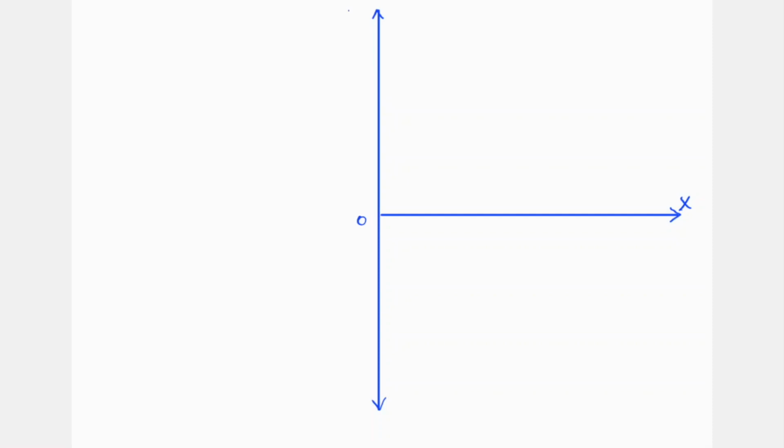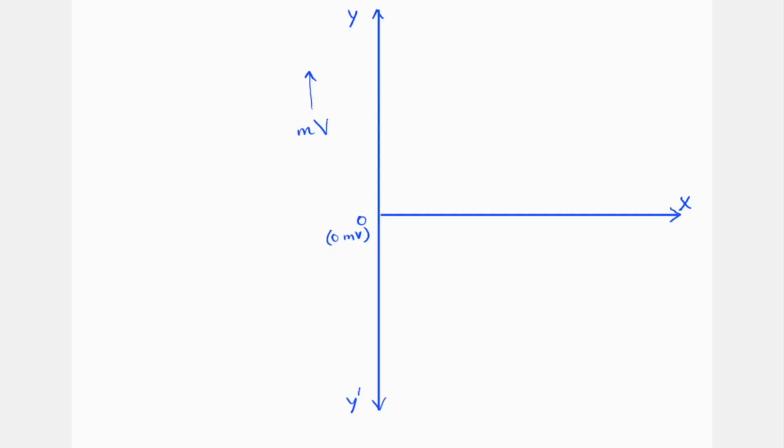X, O, X dash, Y, Y dash. Now let's say this O is at 0 millivolt, and the y-axis represents the potential difference in millivolts, and the x-axis represents, let's say, the profile of the sketch. I'll not label it, I'll keep it as it is. You'll come to know why in a minute.